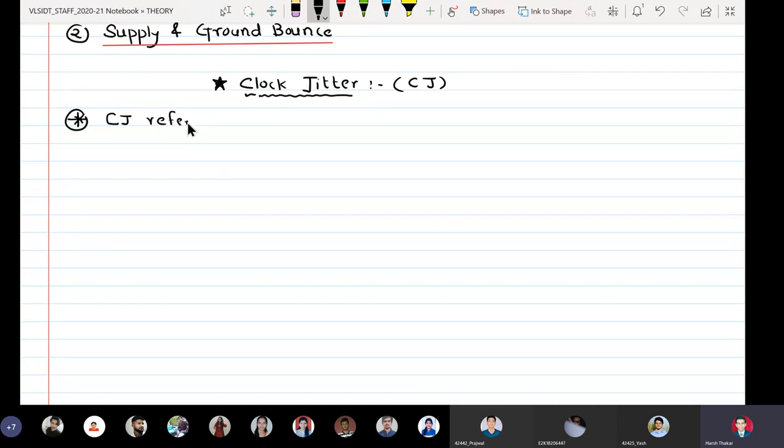CJ refers to the temporal variation of clock period.